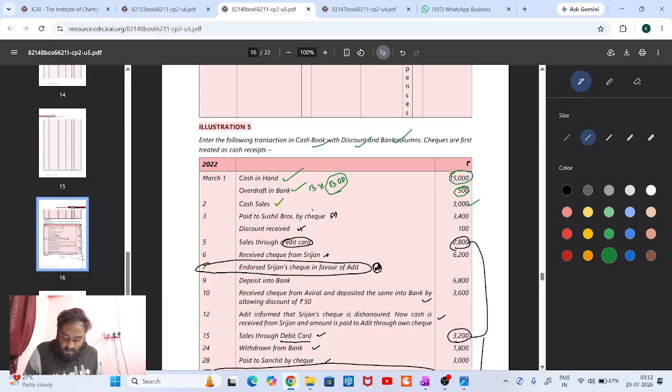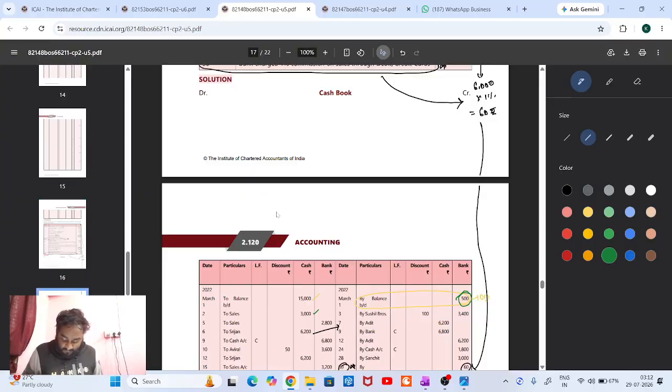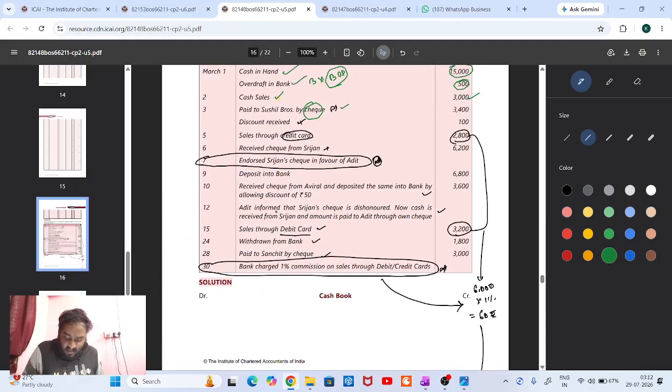Paid to so and so by cheque, 3,400. No issue here. And then discount received. No issue here. It is an income, so credit balance. Wait a minute.